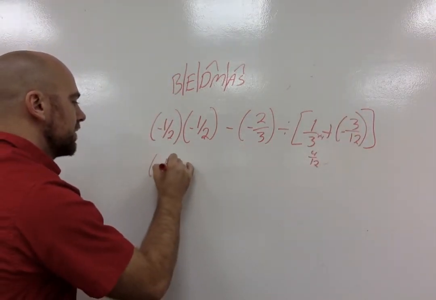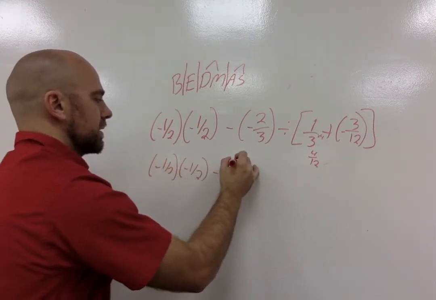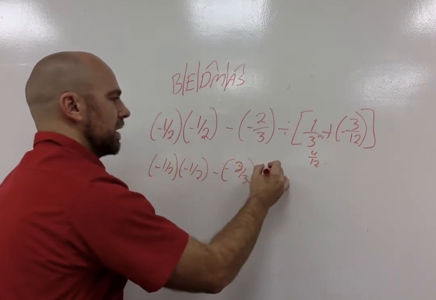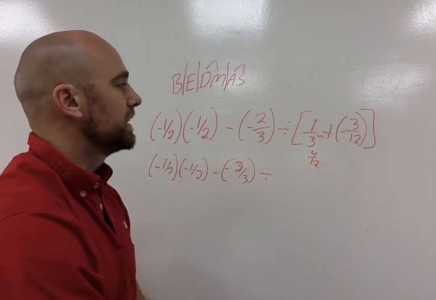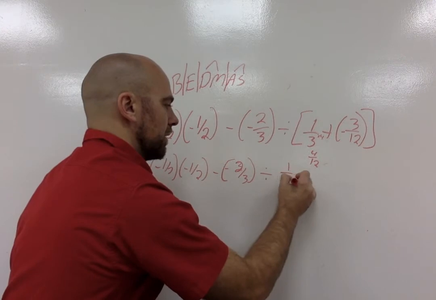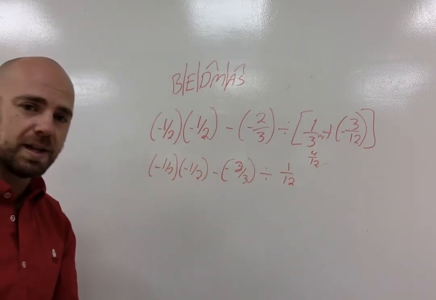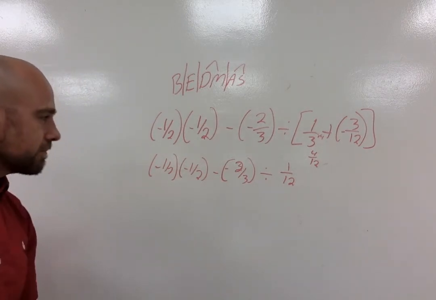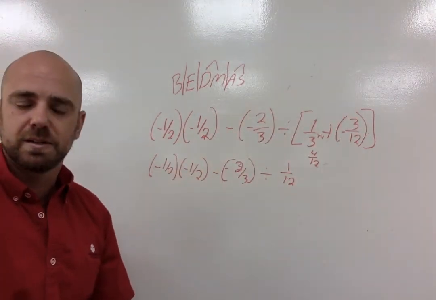So my next line, negative 1/2 times negative 1/2 minus negative 2/3 divided by, so I have 4/12 plus negative 3/12, which is going to give me 1/12. Because I'm going plus a negative, so I have a positive and a negative, I'm going to be basically subtracting.